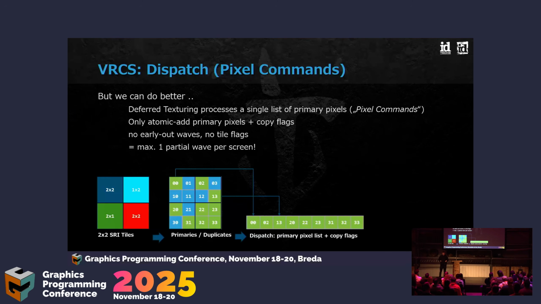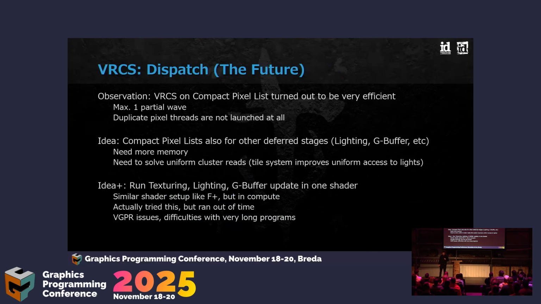And since in this setup the pixels are not organized in the 16 by 16 tile setup, we can reduce the amount of partial waves to a maximum of 1 partial wave per screen. We still have some waste from the pixel command generation because you remember the padding pixels that we need to fill the full wave. But this is unrelated to VRCS and in general also not a big problem.